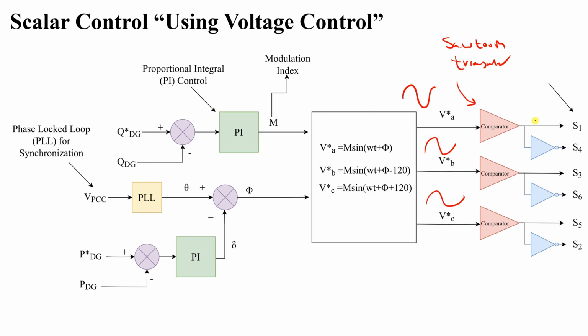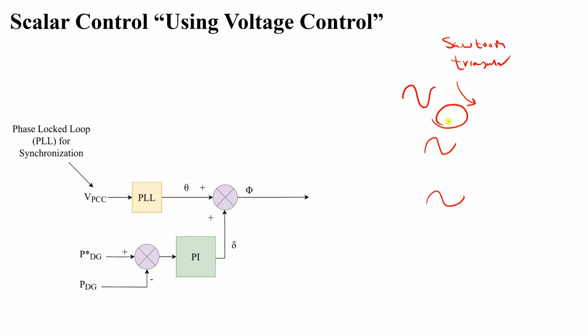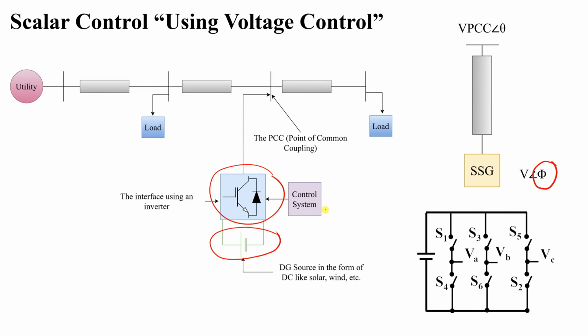By comparing these two, we can get the pulses that we need. For example, for phase A, if you get back here, you will see that phase A has two switches, S1 and S4. For B, S3 and S6, and S5 and S2 for C. Each one has its own two switches, upper switch and lower switch.